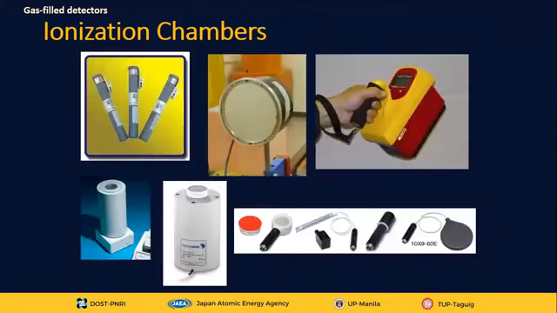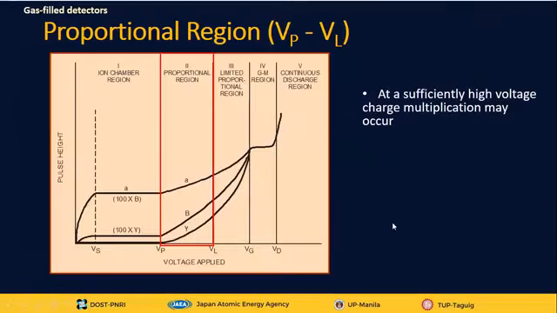These are the examples of ionization chambers that we use in the field. These are for dosimeters, survey meters, and for radiation detection measurements.